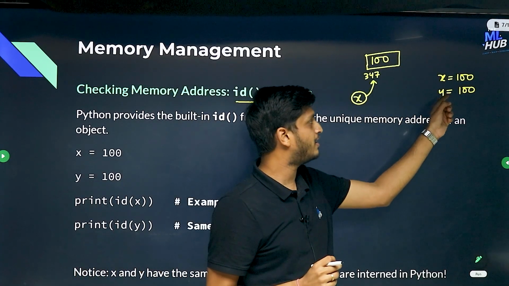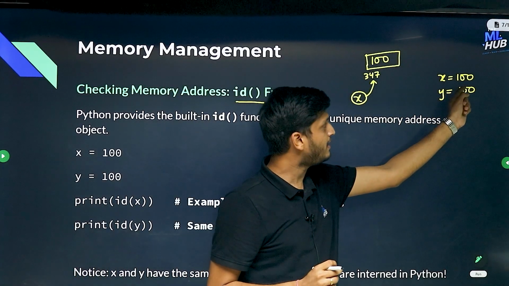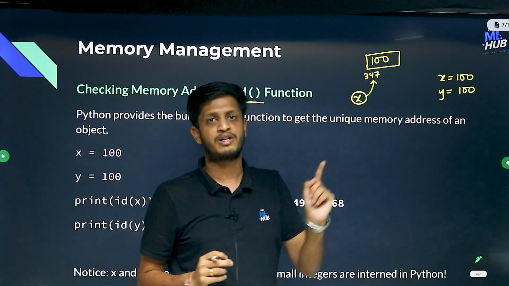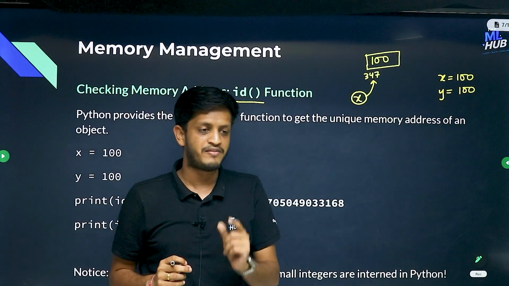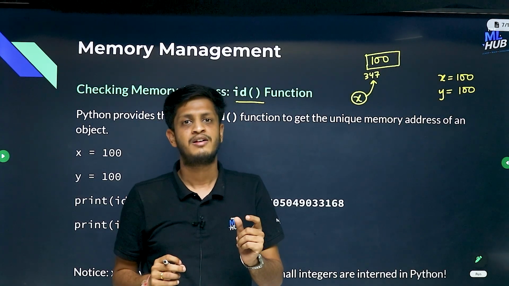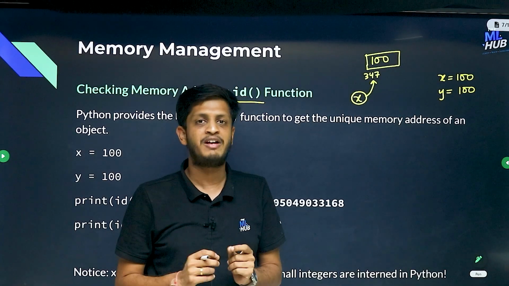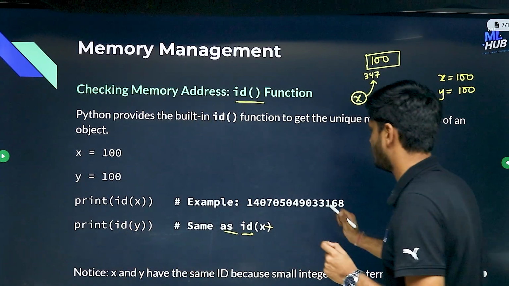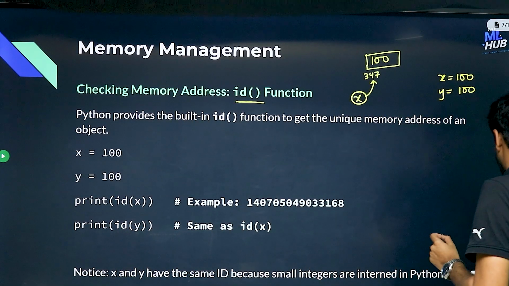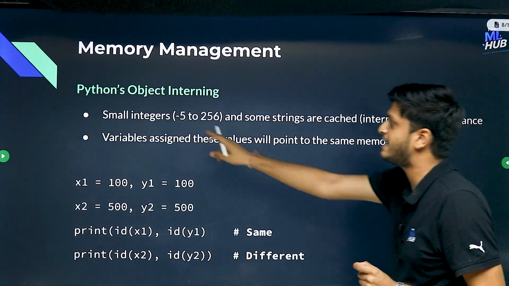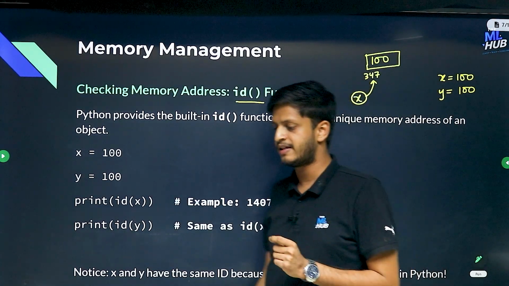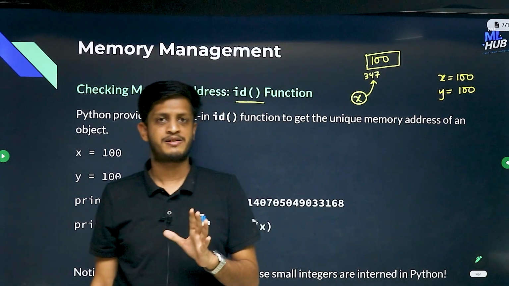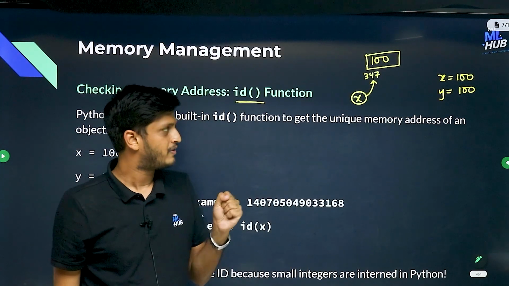When you say x equal to 100 and y equal to 100, 100 is actually stored in a single memory location in Python. You can never create multiple copies of values between -5 and 256 in Python. So let us try to understand this slowly.